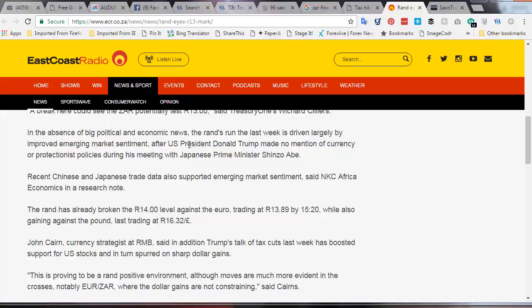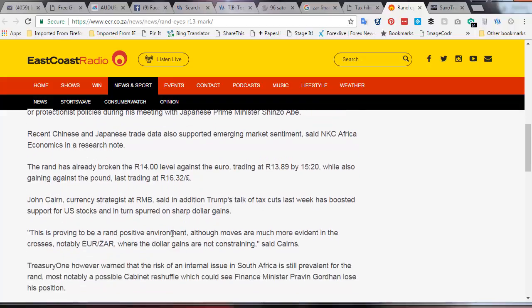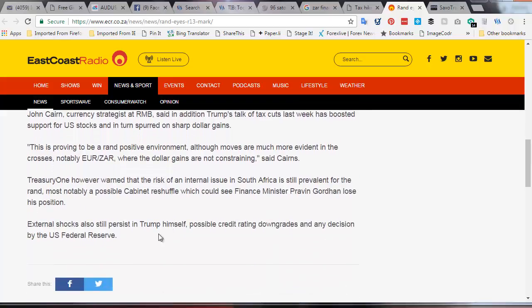Well, I would say it's driven largely by improved commodity prices, but recent data supports the emerging market sentiment. They don't talk about commodities at all, but basically it says there is no other news in the market other than the risk of an internal issue still prevalent for the rand. Most notably a possible cabinet reshuffle. Well, that would mean that we'd expect the rand to be getting worse, not stronger.